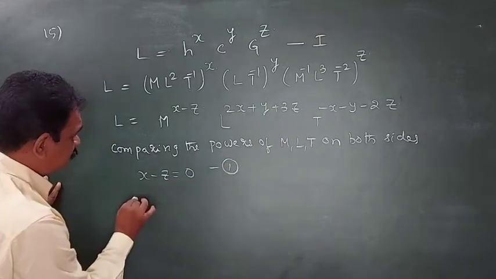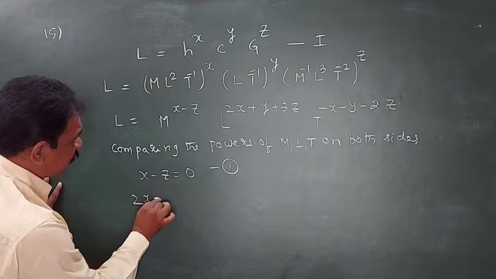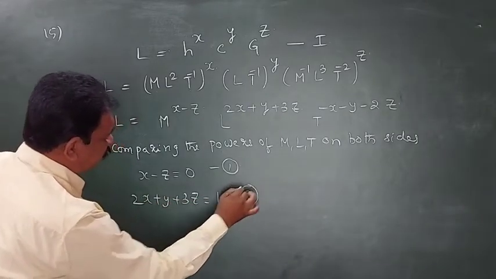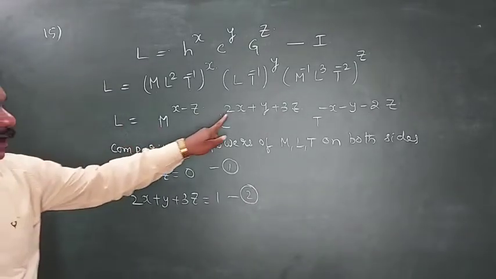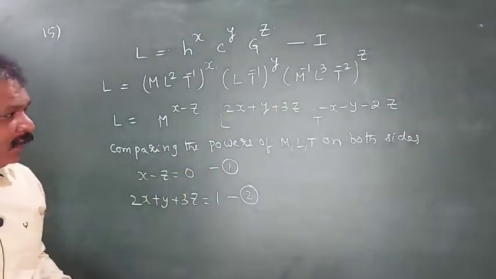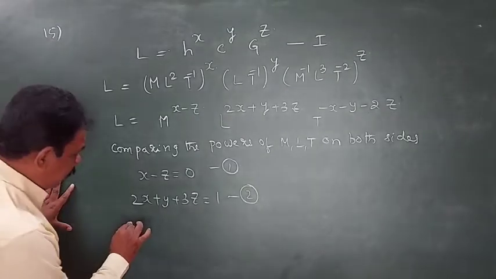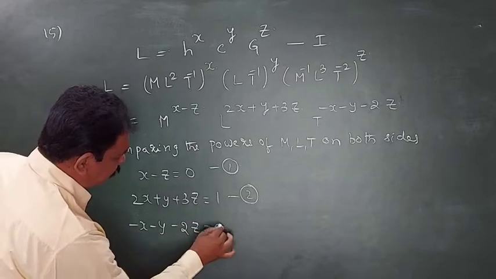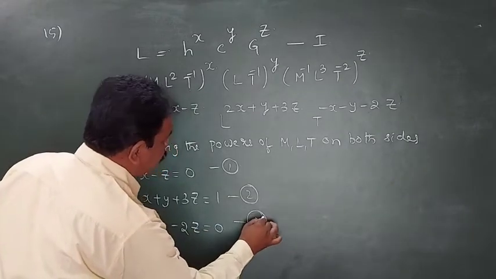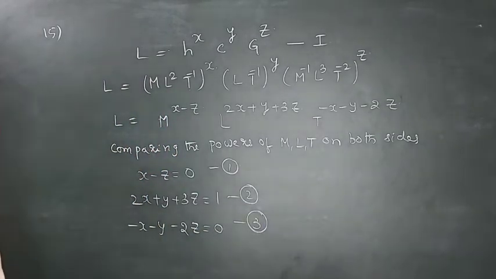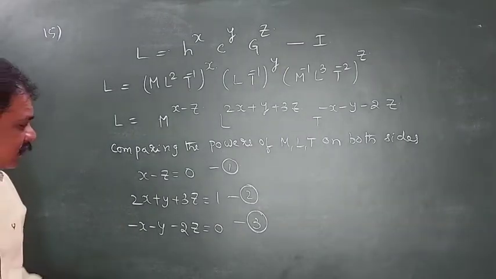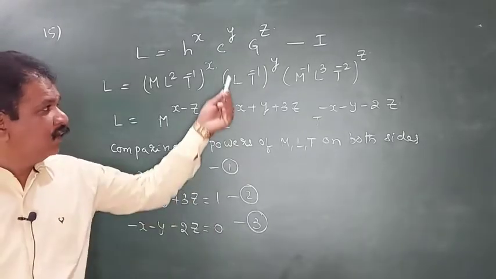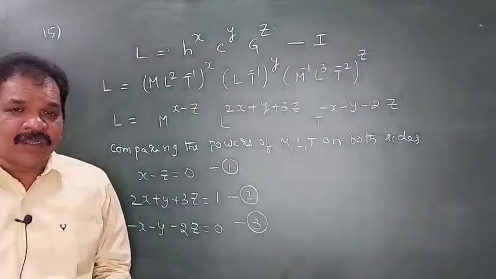This is equation 1. 2x plus y plus 3z is equal to 1, since here L power 1 is there. That's why we are writing it in this format. So minus x minus y minus 2z is equal to 0. Let it be equation 3. We have to solve this. If we find the x, y, z values and substitute them, that will be the answer.